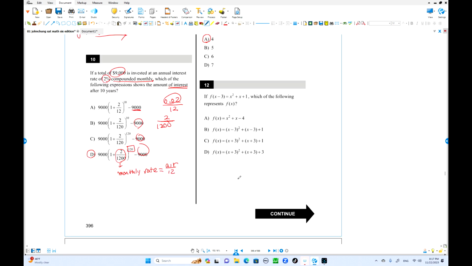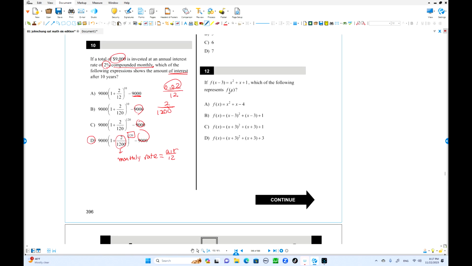All right, number 12. Which of the following represents f of x? What is f of x? To avoid the confusion, maybe you can change the variable. Otherwise, replace this one and this one with x. For what value of x do you get this value?